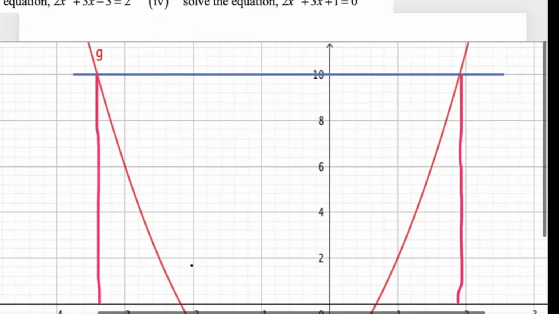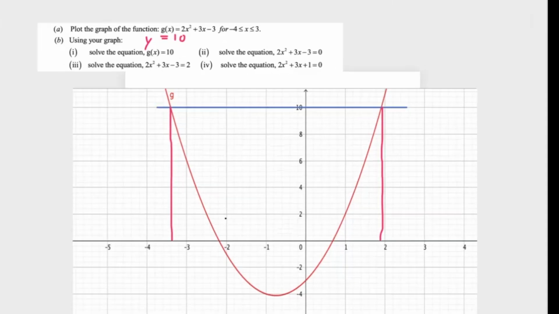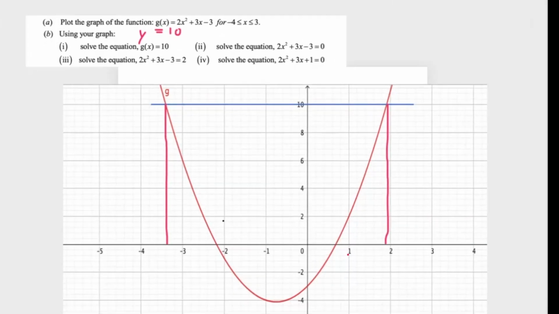So looking at this, this is 1 and this is 2, so this is 1.2, 1.4, 1.6, 1.8, so it'd be x equal 1.9. Over here, this is negative 3, negative 3.2, negative 3.4, so this is x equal negative 3.4.